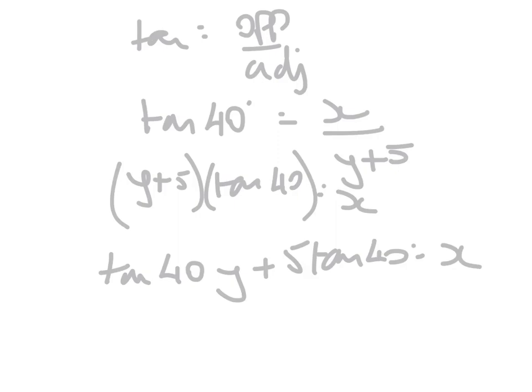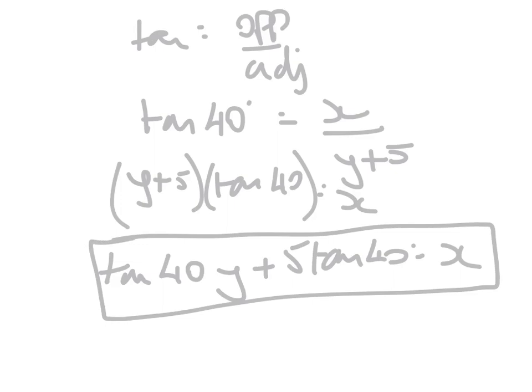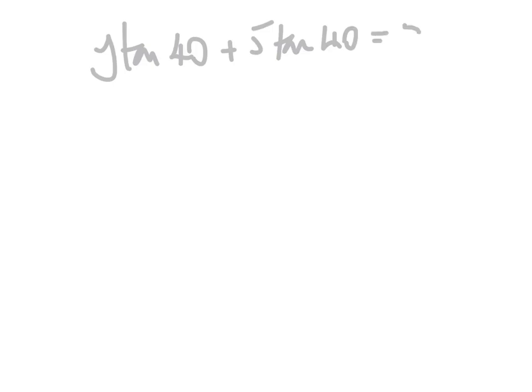Now we've got an expression for Annabelle, and we've got one for Rich, whatever x equals. So we've got y tan 40 plus 5 times tan 40, and that's going to equal tan 50 times y.